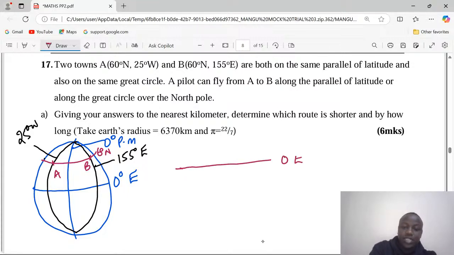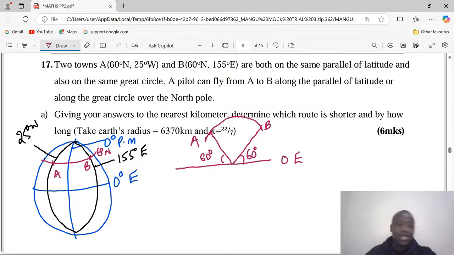So assuming this is our equator, then for us to locate B, from the center of the earth, we move 60 degrees toward the north so that we may identify B. And also for A, we measure 60 degrees so that we may arrive at A. Now when we move along the North Pole, following 25 degrees west, when we arrive at the North Pole and continue along the same path, we will automatically find ourselves along 155 degrees in the east.